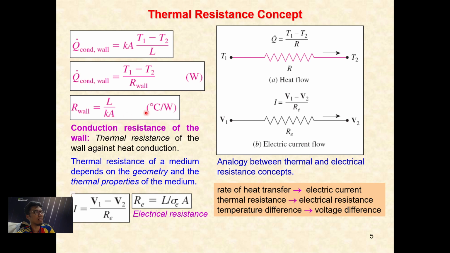Okay, why do we call it the thermal resistance concept? Because it is actually an adoption of the electrical current concept. Imagine that V1 here is equivalent to T1 there, and V2 here is equivalent to T2 there. For electric current we are studying the current itself, but for heat flow we are studying the heat rate. So we apply an almost similar concept. Okay, got it for Q conduction.